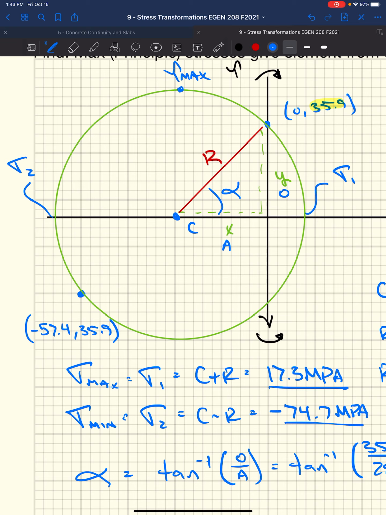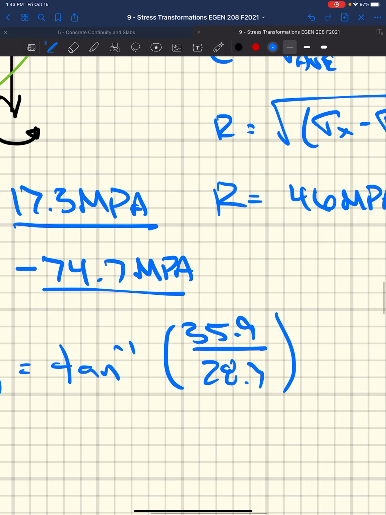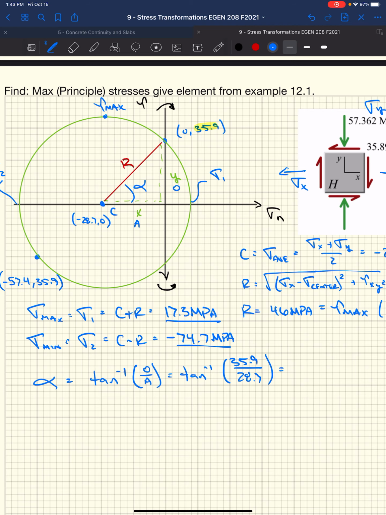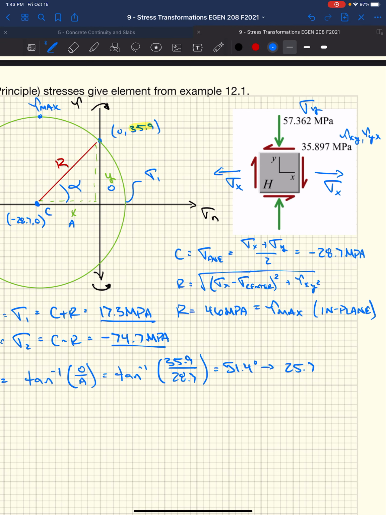And the magnitude of our adjacent would be the coordinate of our center, which is our average stress, this is negative 28.7 comma 0, right? So then we put that in there. So that would be 51.4 degrees, or, as we know, in real life, half of that equals theta.